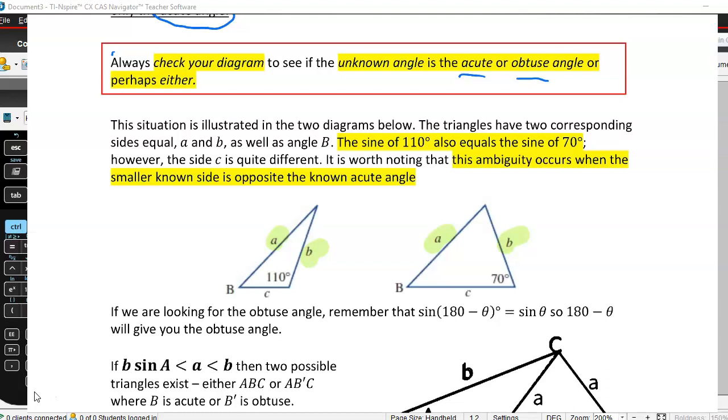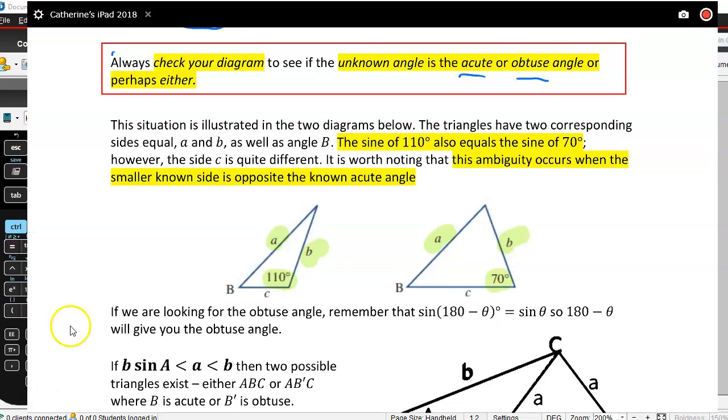Okay, in this first example, the sine of 110 also equals the sine of 70 degrees. Just want to prove that to you.